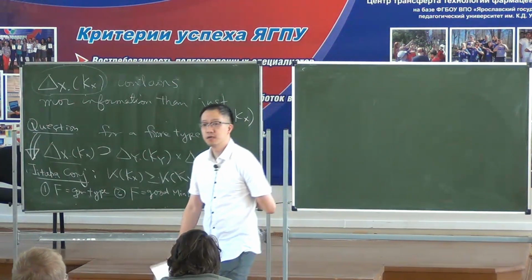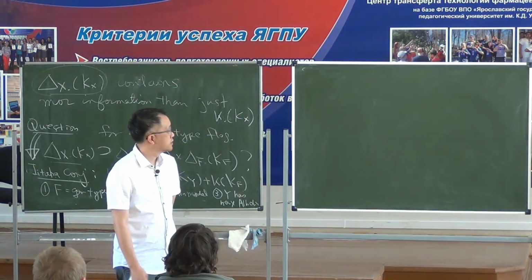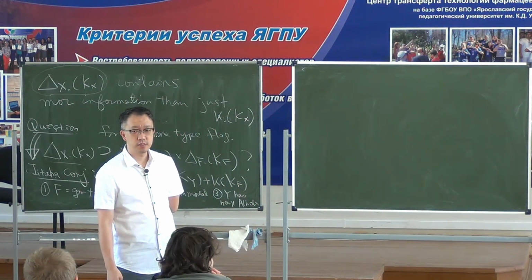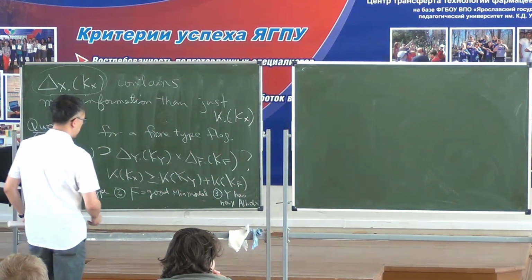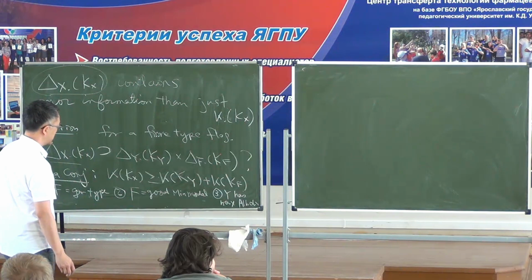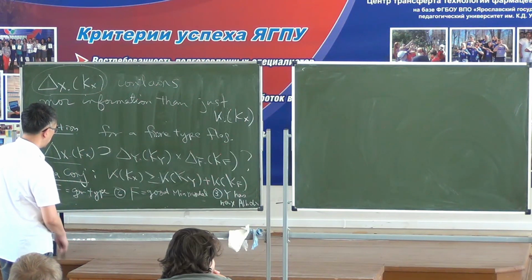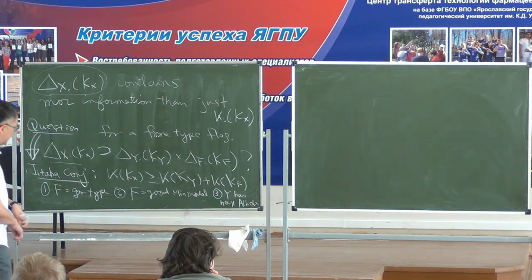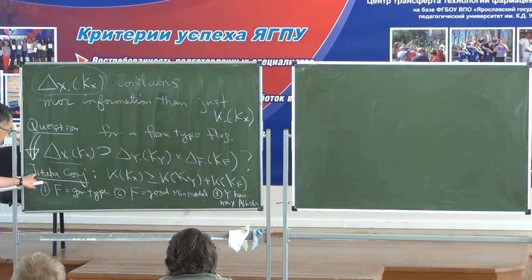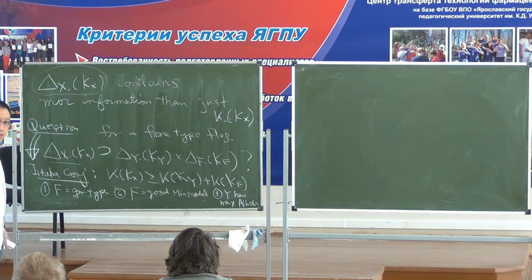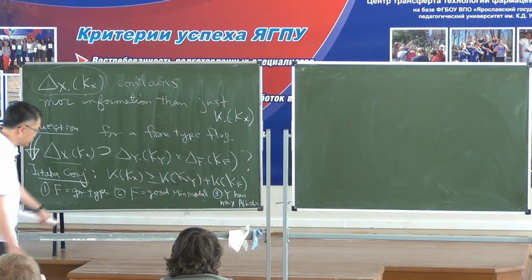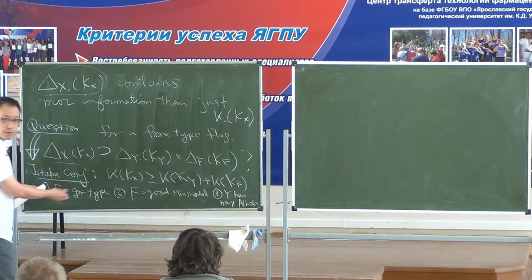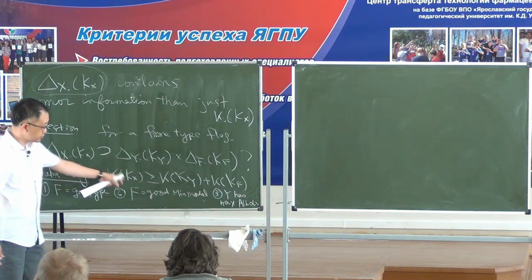Question. In this proof we require X, Y, and F general type? In this first case, where we have compared, we just require F general type, nothing more. So you don't require anything on X and Y. Yes, when F is general type, we know.